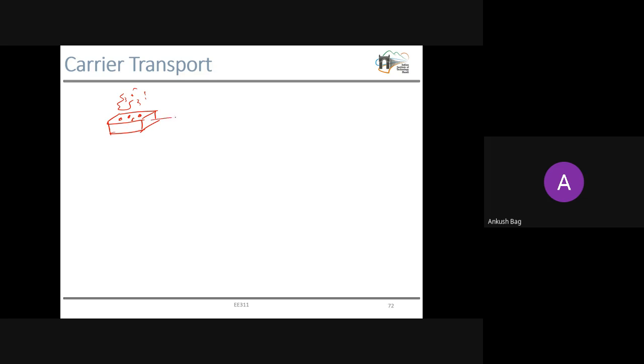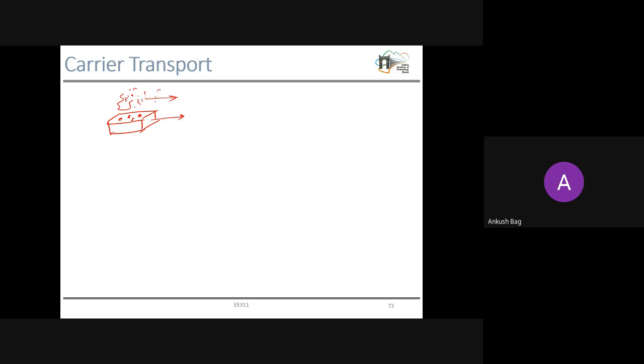Now, if we gradually drag this sweet tray in this direction, what will happen to the motion of the flies? These flies will have some random motion, but this random motion will get some directed component.